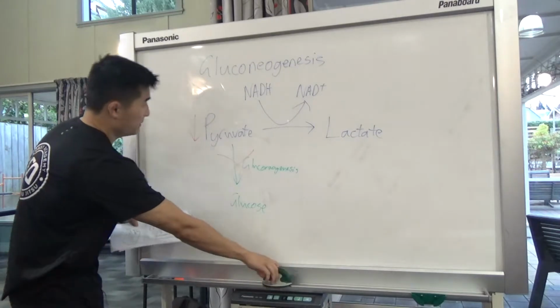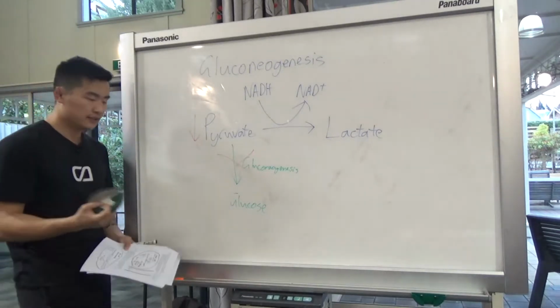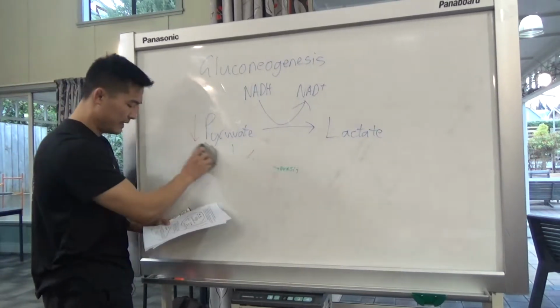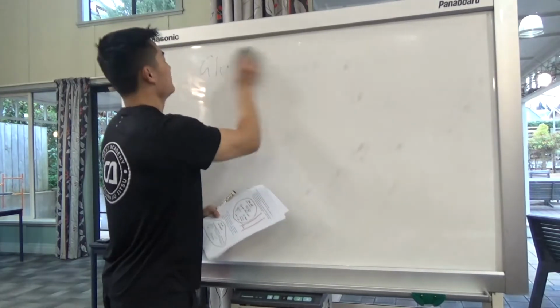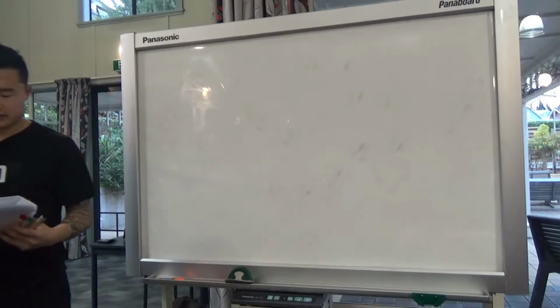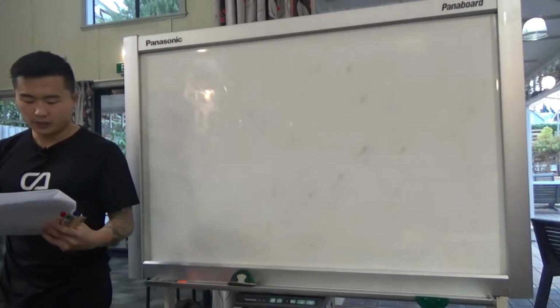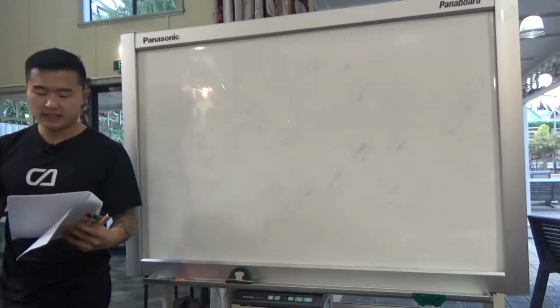So remember that the citric acid cycle is inhibited since there's plenty of NADH being produced from the alcohol being broken down. And this means that acetyl-CoA will not be entering the citric acid cycle, so it will increase in concentration within the cell.